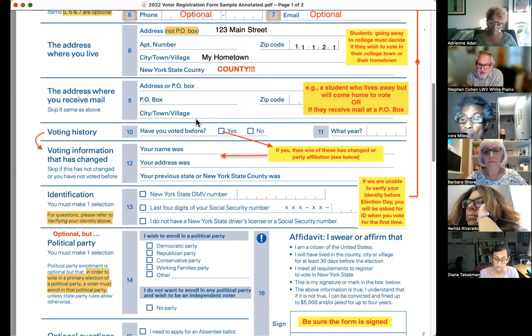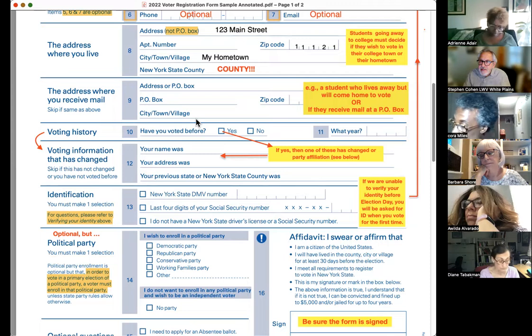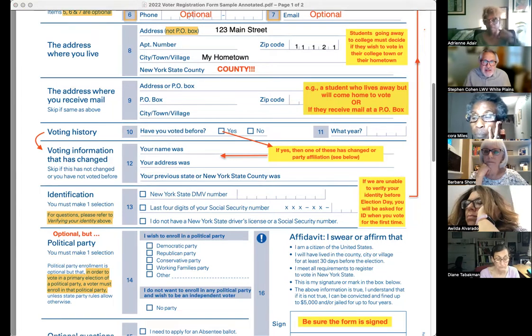Honestly, I don't know what happens if that mail is undeliverable, which is what you're asking. So let me look into that, Adrian, and I'll get back to you, because it's an important question, and I want to make sure that we get it straight. Okay, thank you.